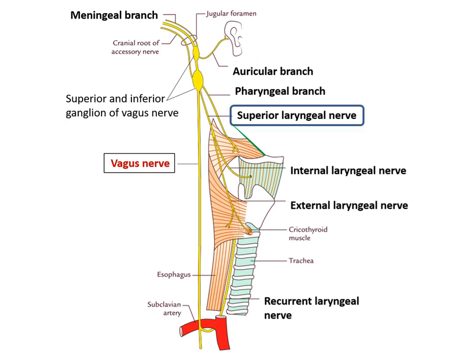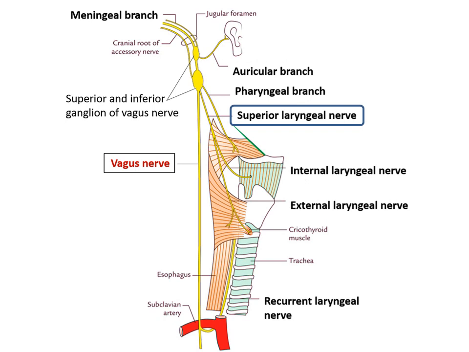Now, supply to the larynx is through the superior laryngeal nerve. This nerve is also in the neck, and it comes out from the vagus nerve, while the vagus nerve is traveling in the carotid sheath along with the common carotid artery and internal jugular vein. So the superior laryngeal nerve comes out and gives two branches, the internal laryngeal and external laryngeal nerve.